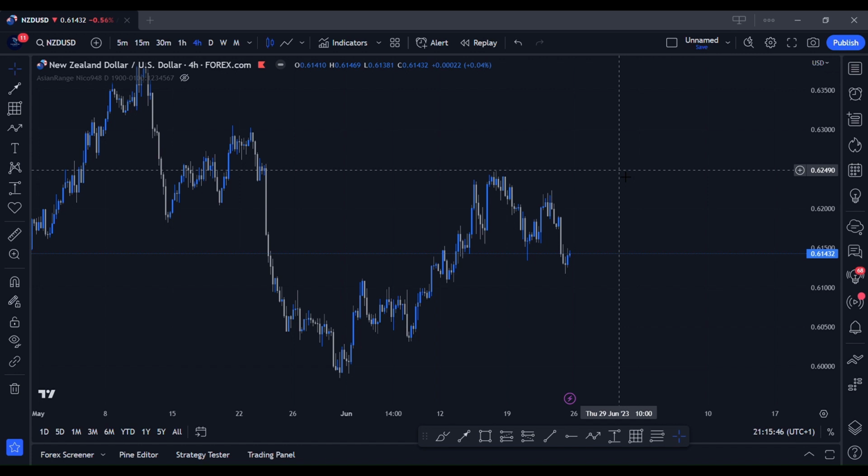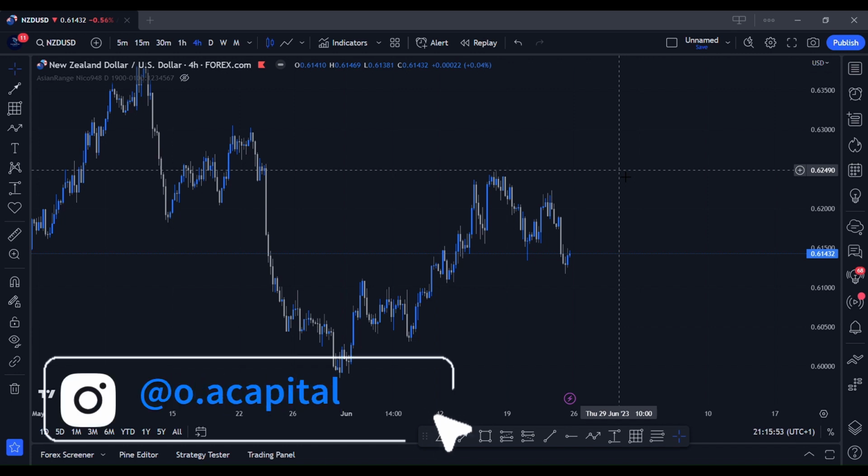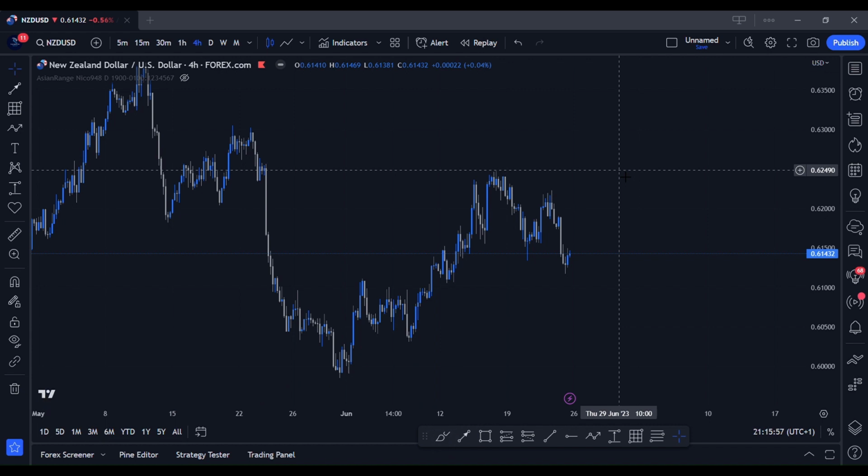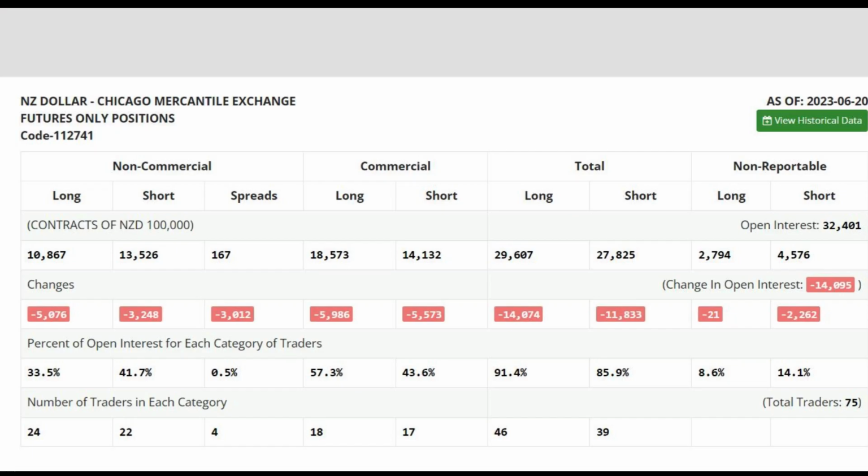So we want to get their perspective and see what they're most likely to do in the next few days or even weeks to come. It's very important to understand the fundamentals as much as knowing the technicals and patterns and all these forex terms. You need to understand the fundamental aspect of the financial markets as well. So without further ado, let's get into the COT report.